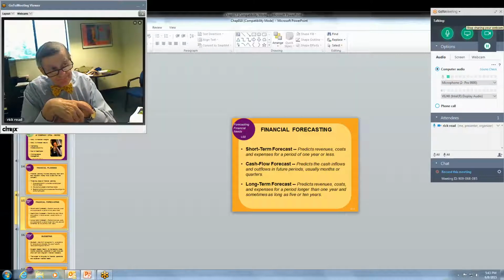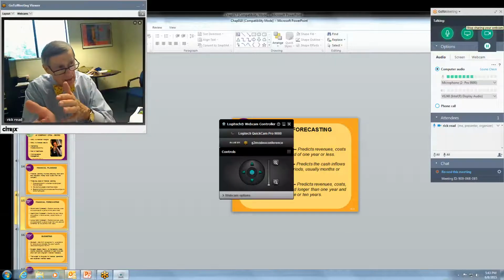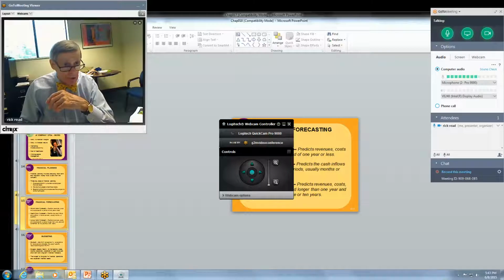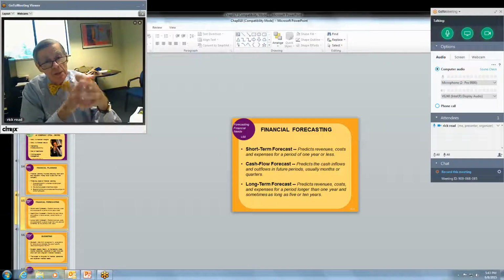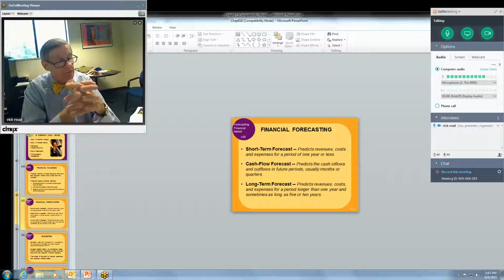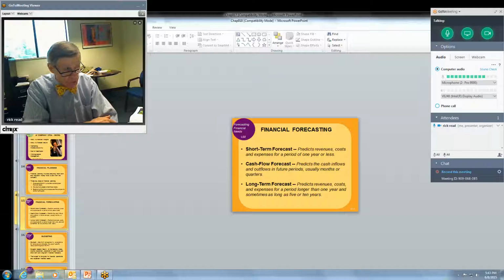A small business probably would want to do it monthly, so it has a better handle on what's coming in and what's going out. May even want to do it weekly, although that might be a little onerous. And then the long-term forecast may go as far as 10 years, as I suggested. Sometimes it's 1 to 3. 5 is pretty common.